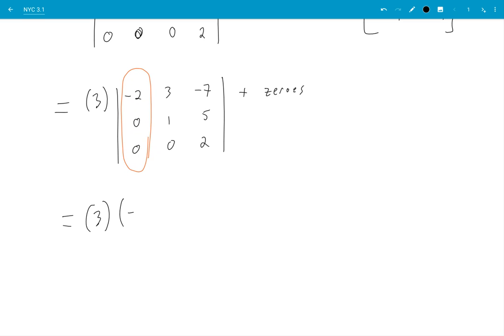Then I get -2. Let's be a little bit careful here. Square bracket. I get a -2 times the 2x2. Okay, I'm putting this just for emphasis. You don't have to do that.